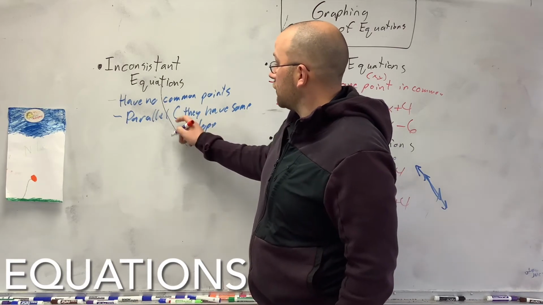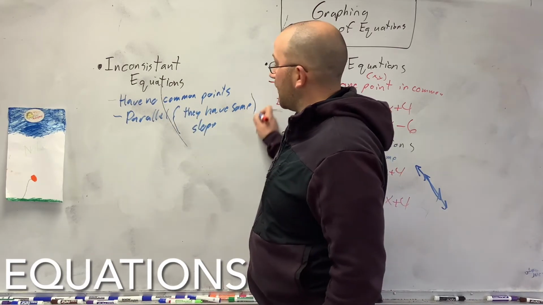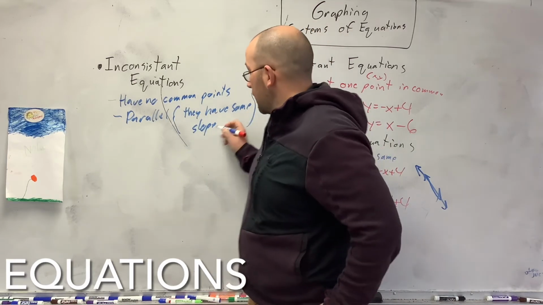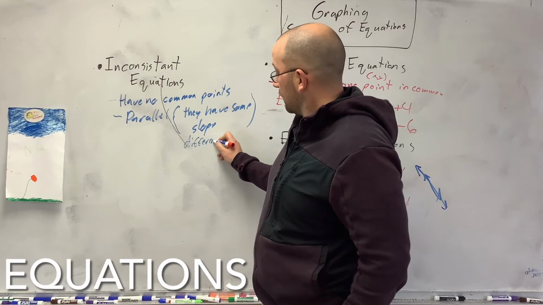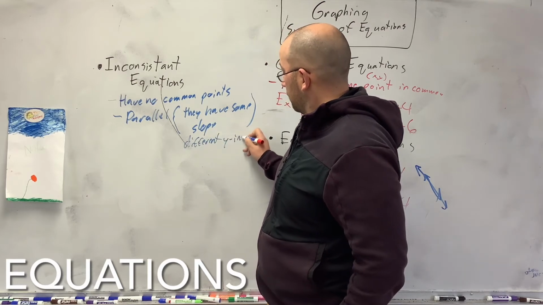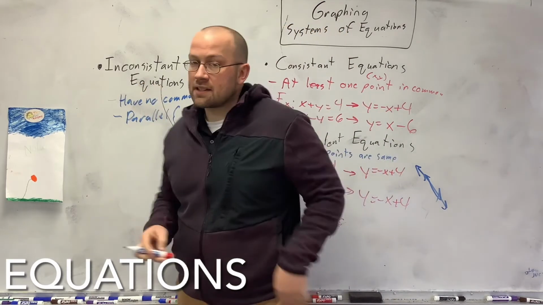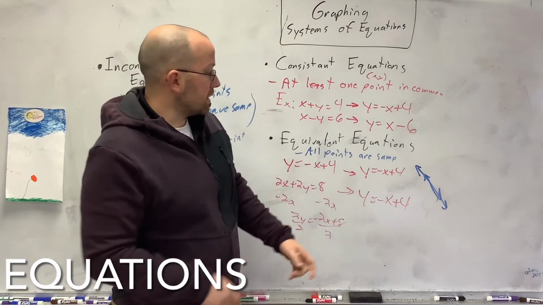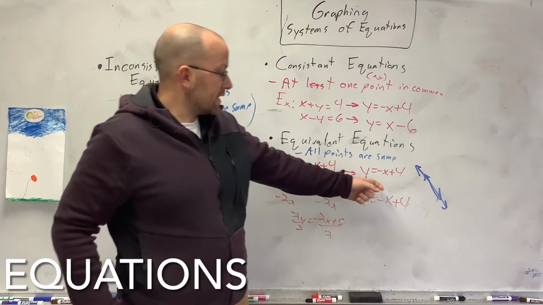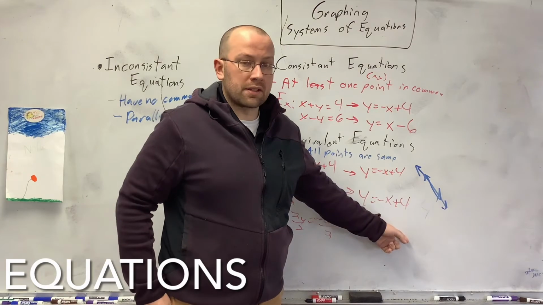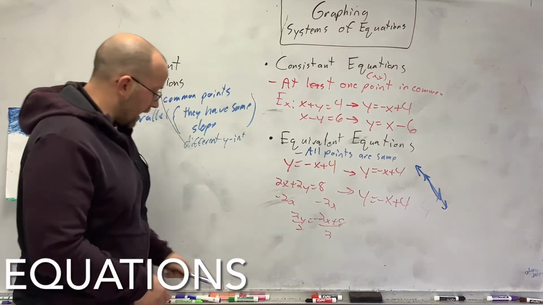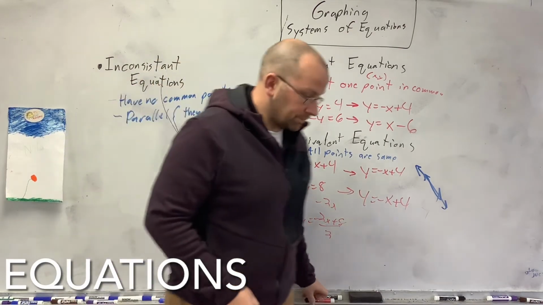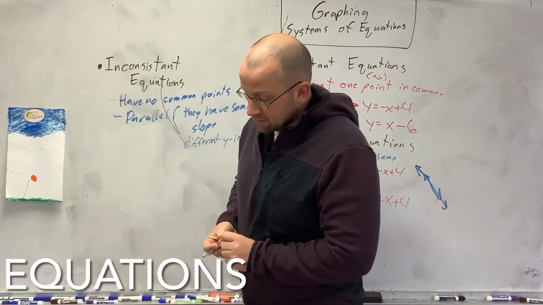Alright, so if you've ever come across two equations that have the same slope and different y-intercepts, you have an inconsistent equation, none of them will touch. As you can see over here, these have the same slopes and y-intercepts, so they're right on top of each other. This one, you'll have the same exact slope, but different y-intercepts.